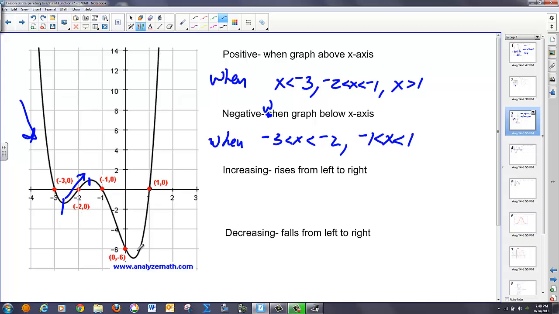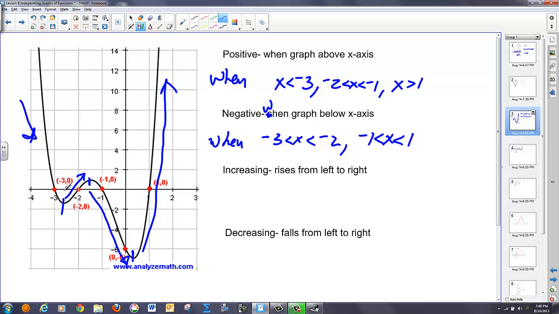From this point down to this trough right here, it decreases again, and then for the rest of the graph, it increases. And again, if we want to describe when it increases and decreases, we describe that with its x values.